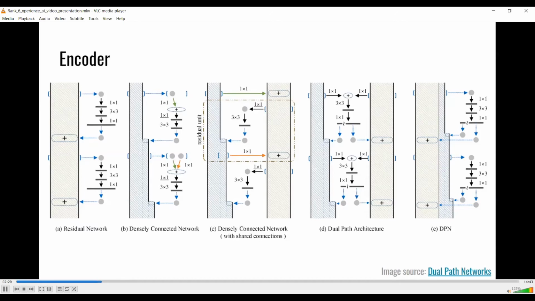DPN picks advantages from both ResNet, which forces the model to reuse gained features, and DenseNet, which allows it to explore new features. By concatenating these two approaches, DPN, with the help of dual-path architecture, shares features from layer to layer and still has the opportunity to discover new ones. You can see the architecture in the slide.